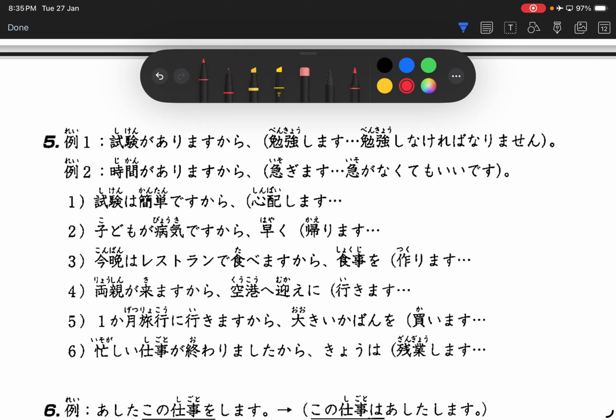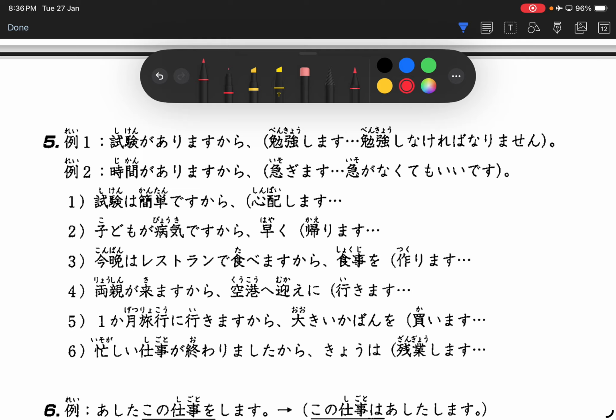Number 4. 子供が病気ですから早く帰らなければなりません。Why is it te form though?